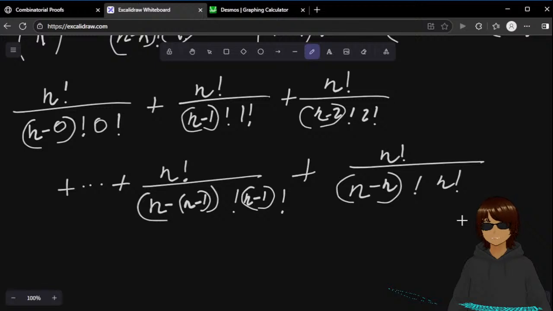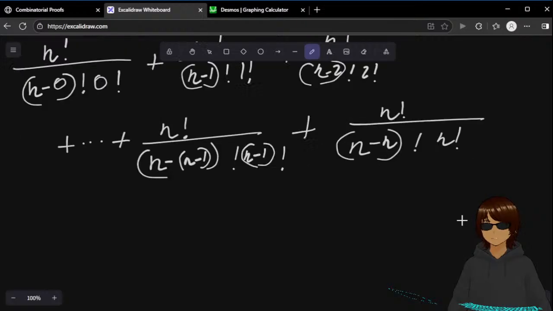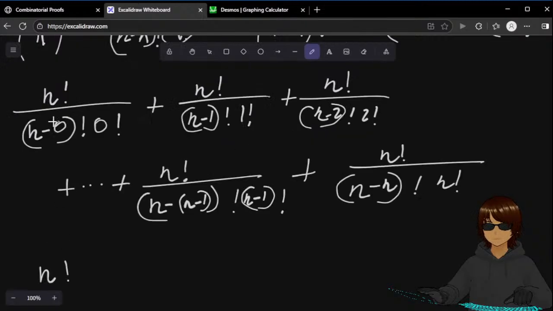I think if we want to make the denominators equal, we can take n factorial, n minus 0 factorial. We can take this, multiply it with this, multiply it with this, and then all the denominators would be equal.